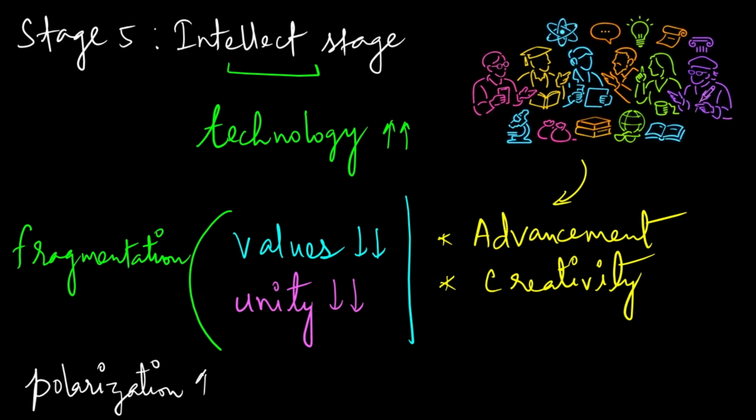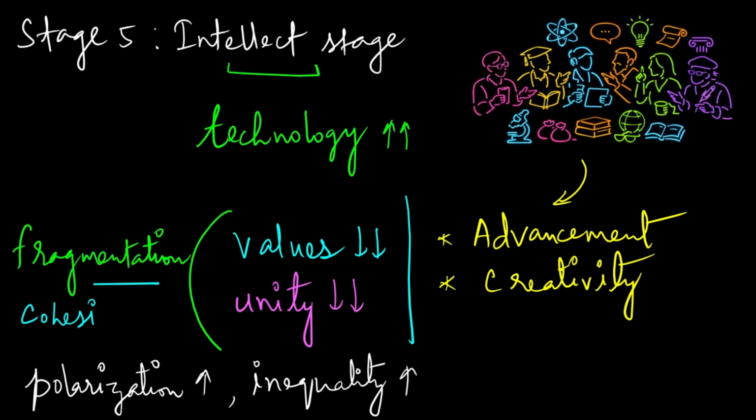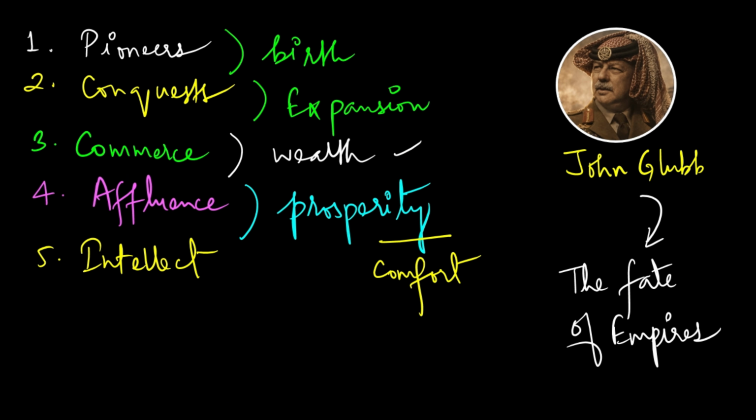Polarization in society starts increasing. The result is a loss of unity. Inequality within society also begins to rise. The gap between elites and ordinary people starts widening. According to Glubb, excessive criticism, cynicism, and division caused by intellectualism weaken the cohesion and resilience of society. The decline of the empire begins.